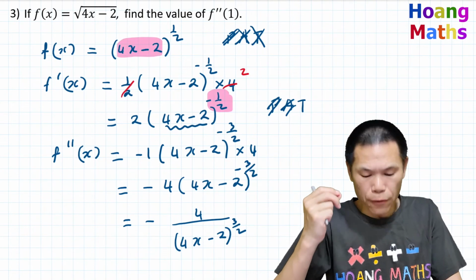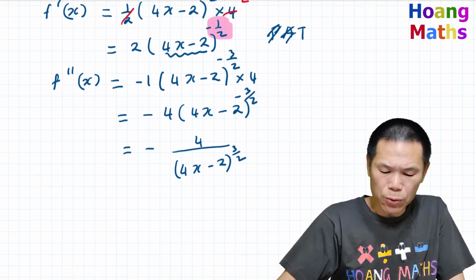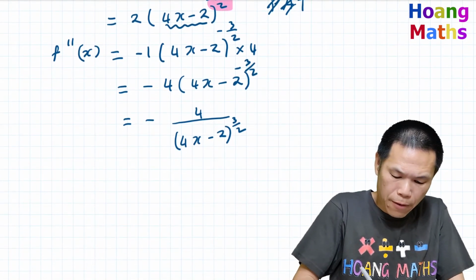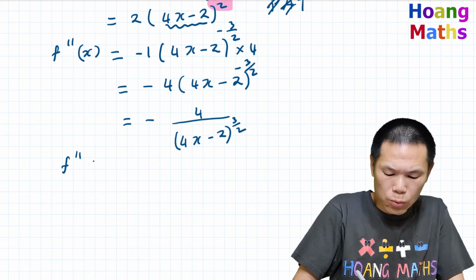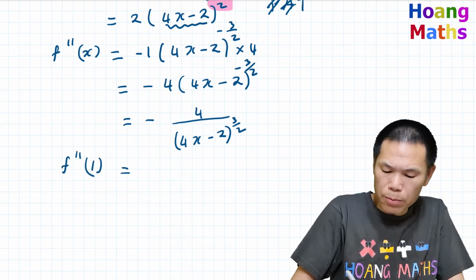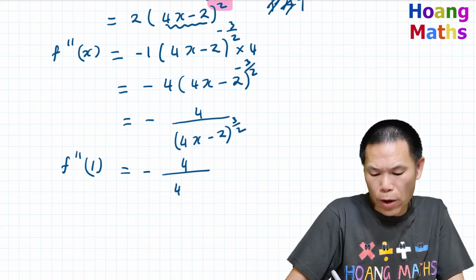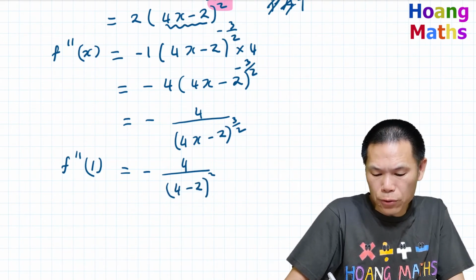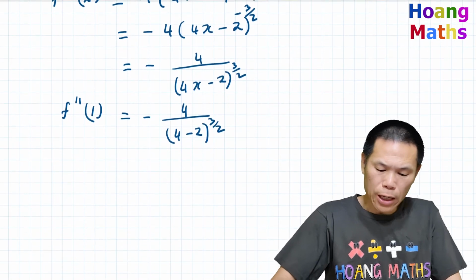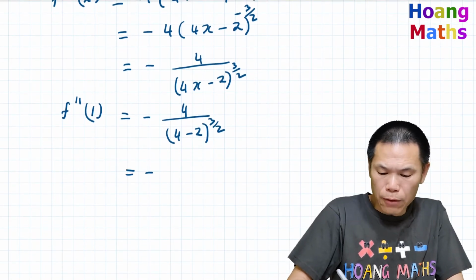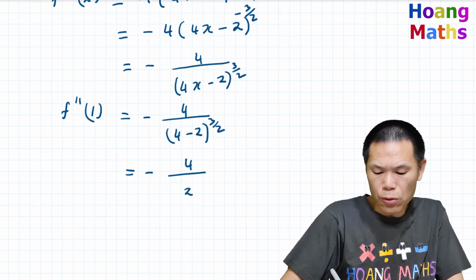So now we need to find f double dash 1. So f double dash 1. That will give me negative 4 over, 4 times 1 is 4, minus 2, power of 3 over 2. So that should give me negative 4 over 2 power of 3 over 2.